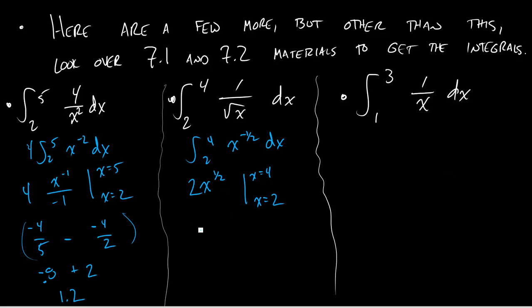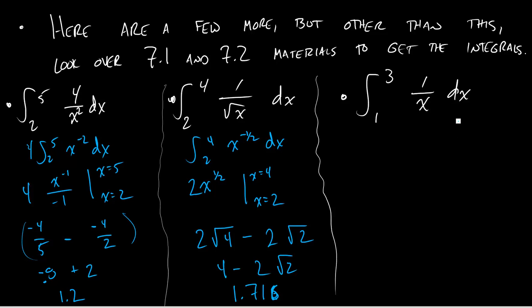And from there you'll get 2 times root 4 minus 2 times root 2. You can type that in your calculator to get an approximation. This will be 4 minus 2 root 2, and that is 1.716.